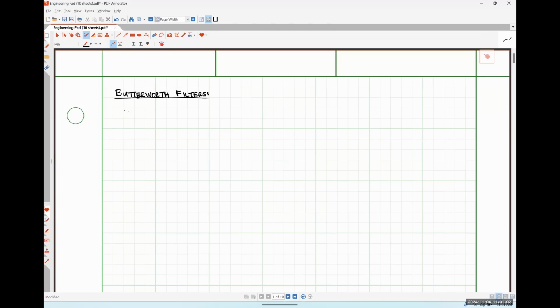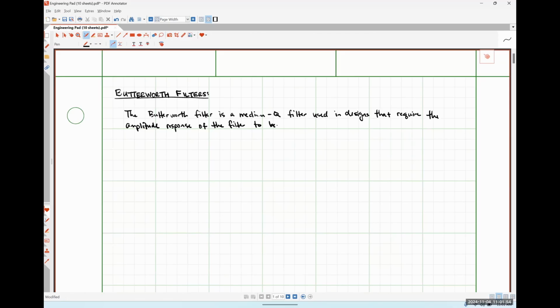All right, so the Butterworth filter is a medium Q filter used in designs that require the amplitude response of the filter to be as flat as possible.